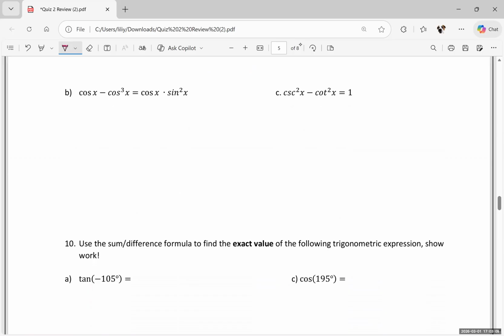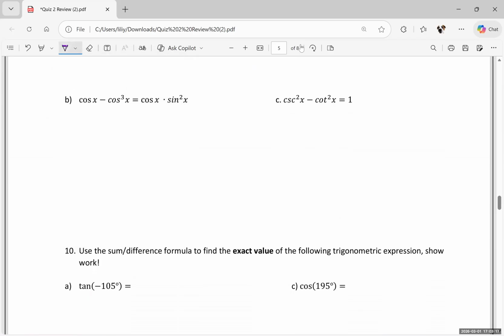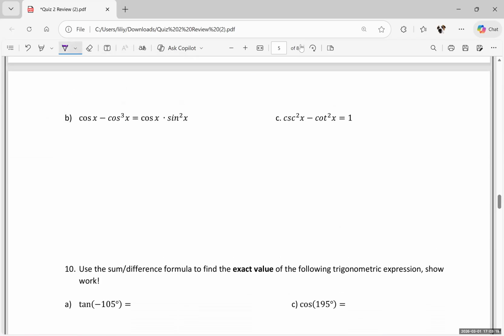On part B, it's actually super simple. You just have to recognize a couple of things. One of them is, again, the Pythagorean identity. It starts with the Pythagorean identity, but let's go ahead and rewrite it here. So sine squared x plus cosine squared x equals 1. And then if I solve it for sine squared, it would be 1 minus cosine squared x.